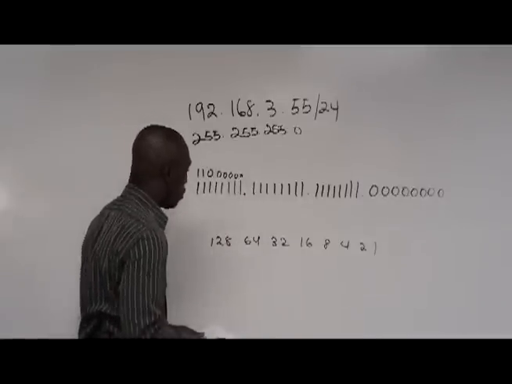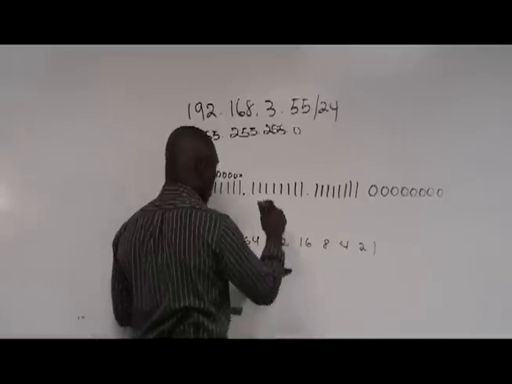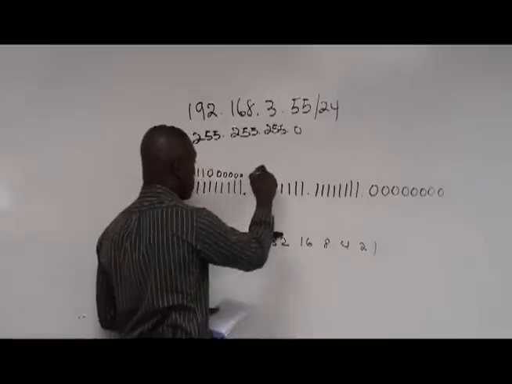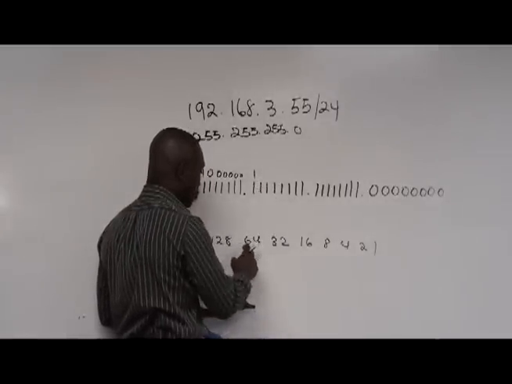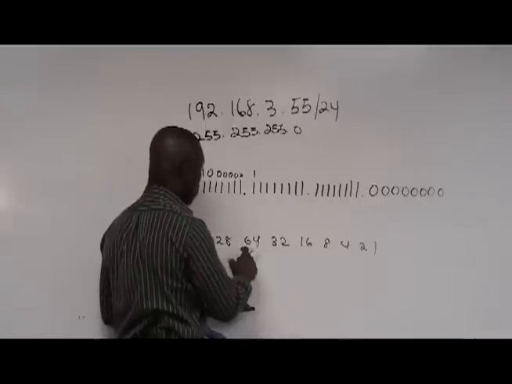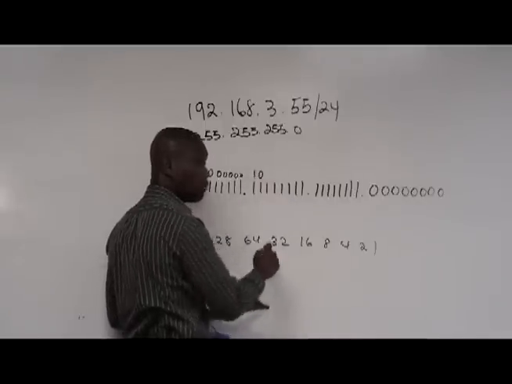Let's work out this one here, 168. What will be 168 in this case? 168 is more than 128, so we put on the first one. We subtract that, which gives us less than 64, so we know this one is going to be off.